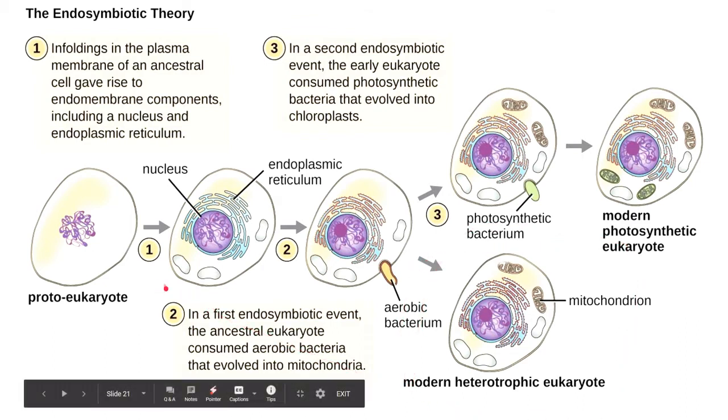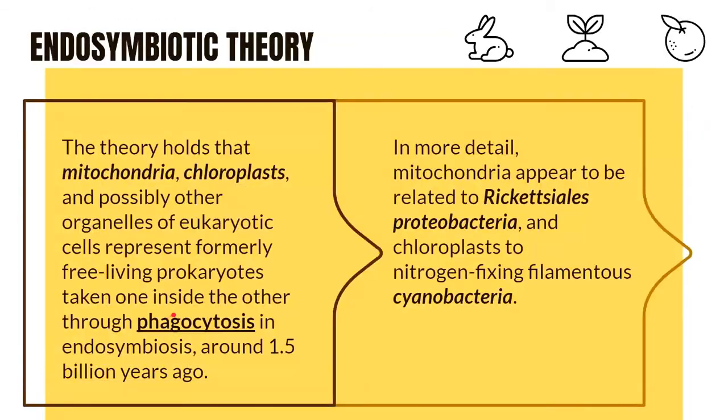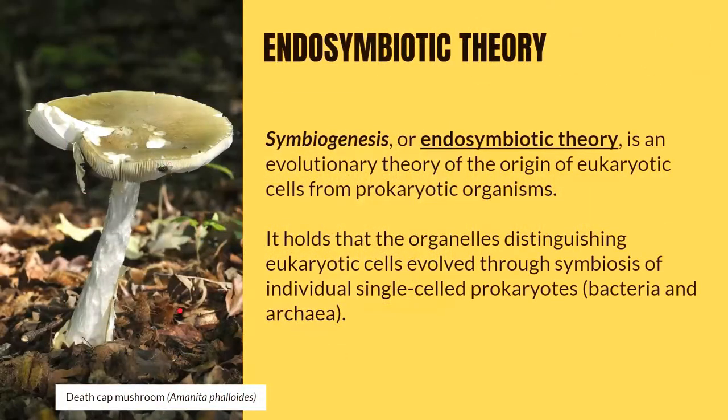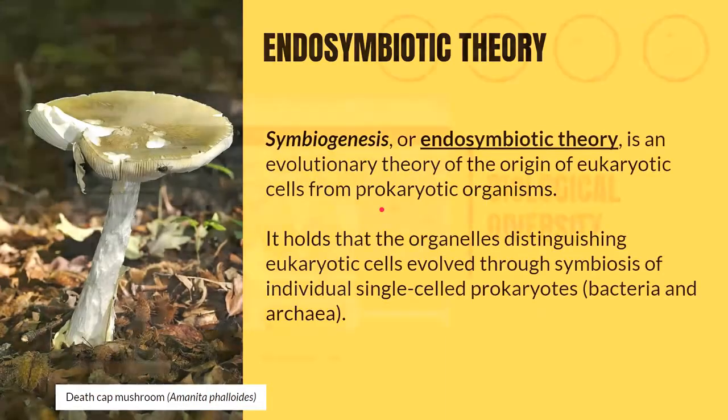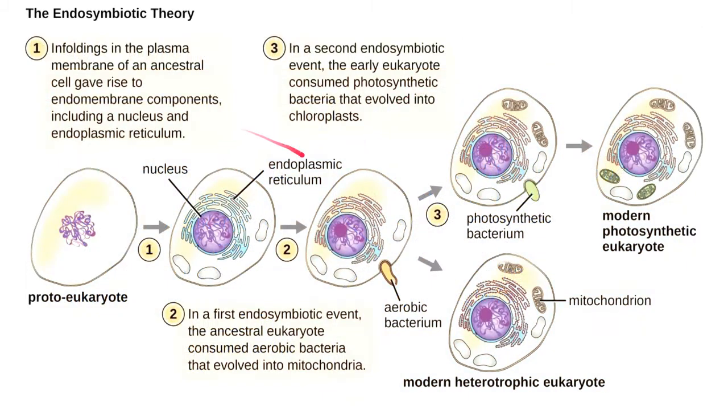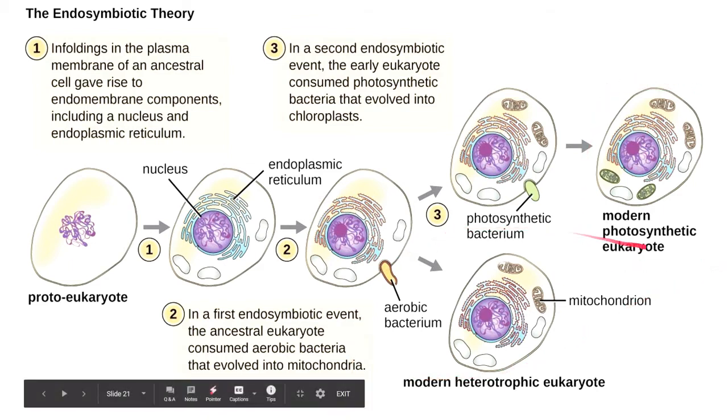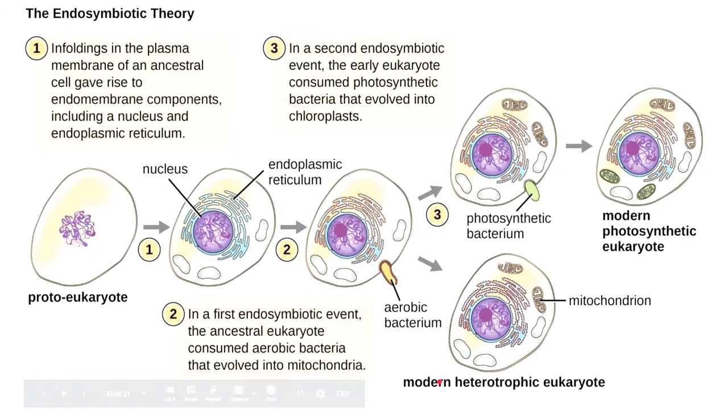This is how they try to explain why in the past we only had primitive prokaryotes, and then through phagocytosis that led to the evolution of your modern-day eukaryotes, which can perform photosynthesis, while the others are heterotrophic organisms.